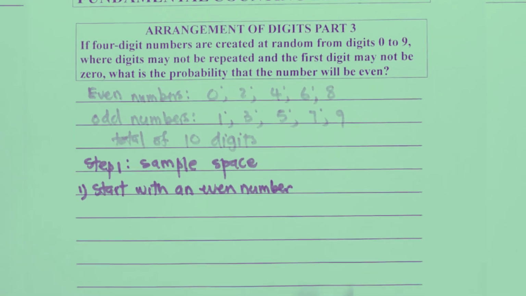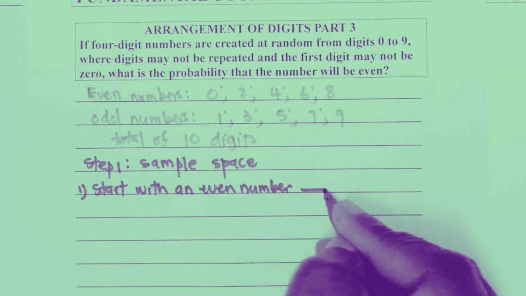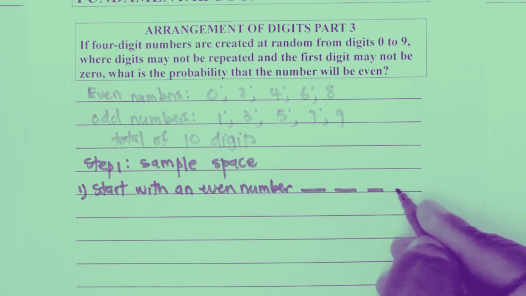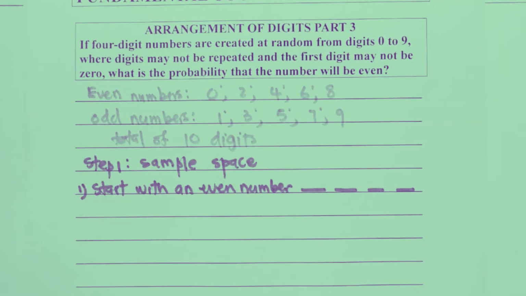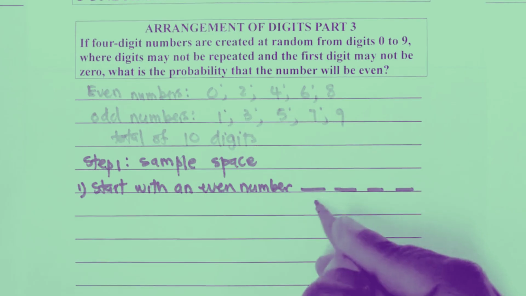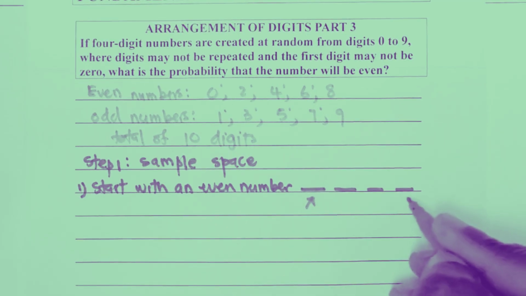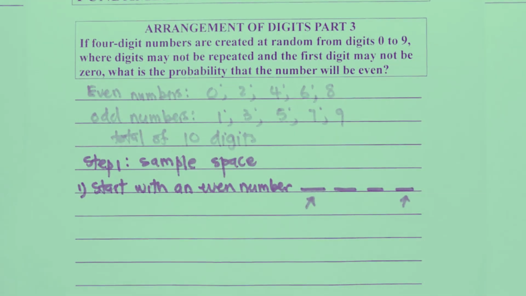And remember, we are creating a 4-digit number. I have a restriction here, and I also have a restriction at the end. So I must do the restrictions first before I complete the question.